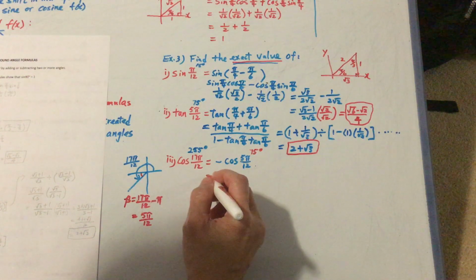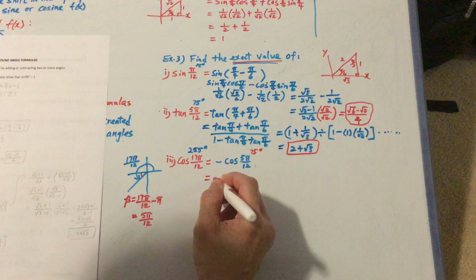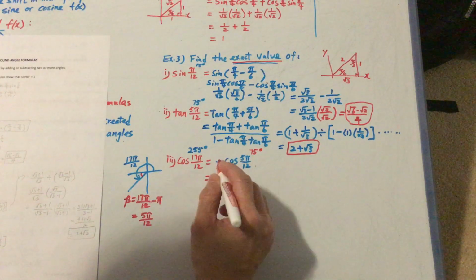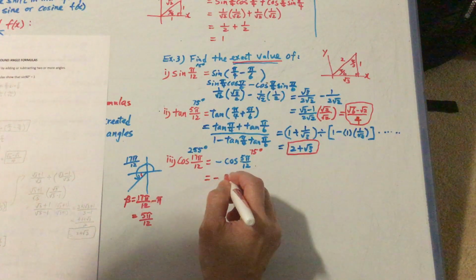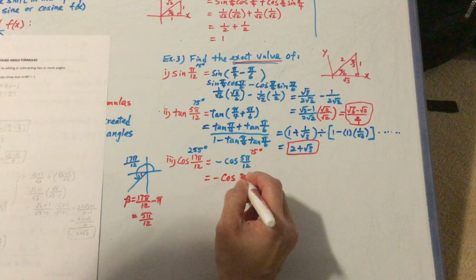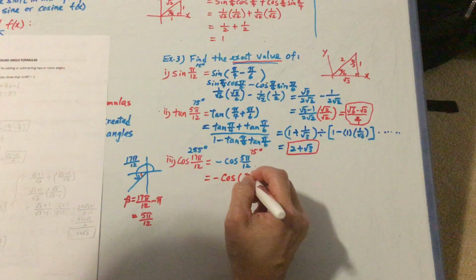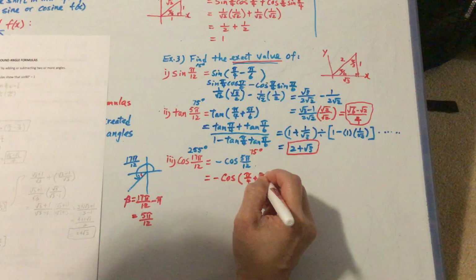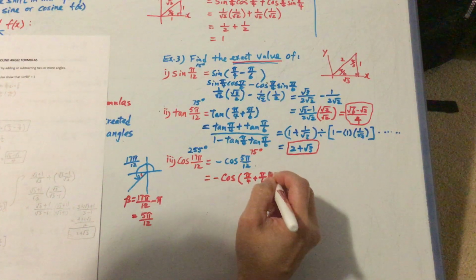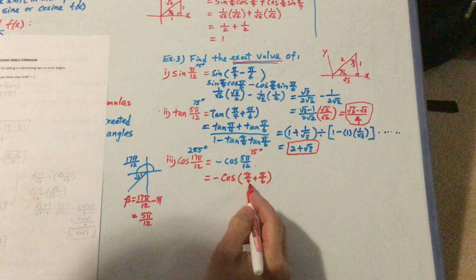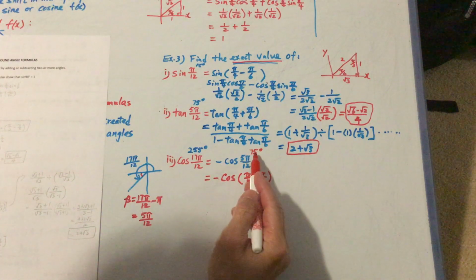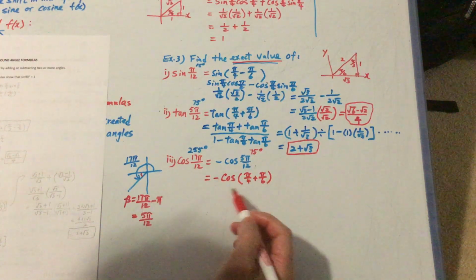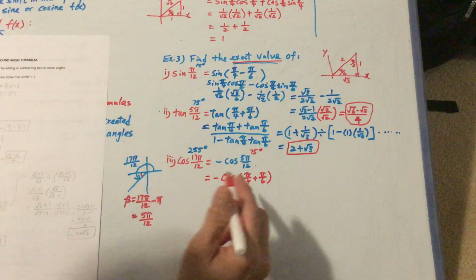So with that, I know that my compound angle for this question is going to be negative cos of pi over 4 plus pi over 6. A 45 plus a 30 will give me the 75. Okay, so this is going to be my compound angle.